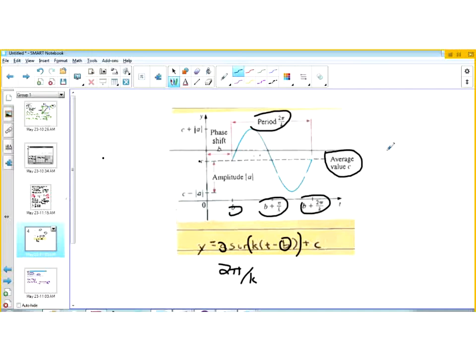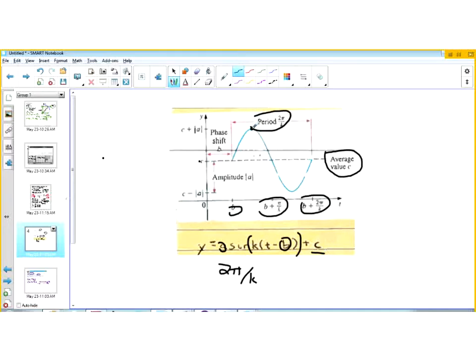So the way we discern the average value is that we have an equal number of points above the axis with positive values, and the same output values negated below the x-axis, so the average essentially becomes 0. But since we shifted it up, the average becomes c. So you may be asked, what is the average value of the function?